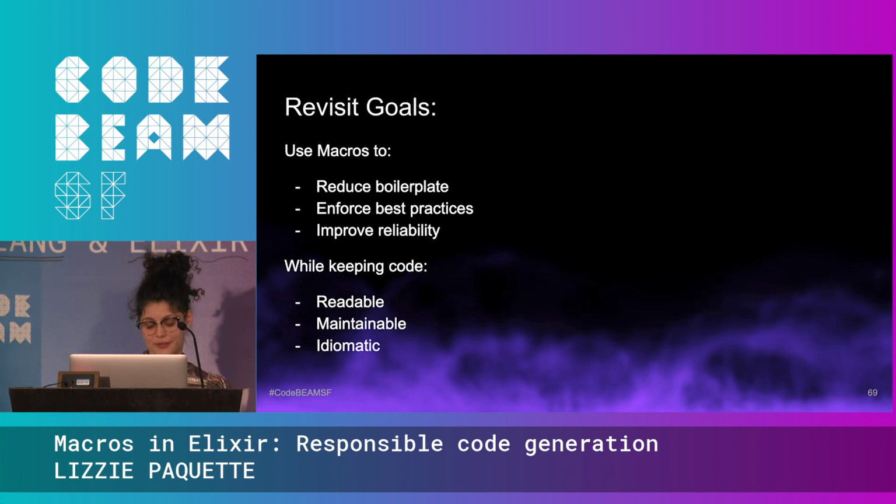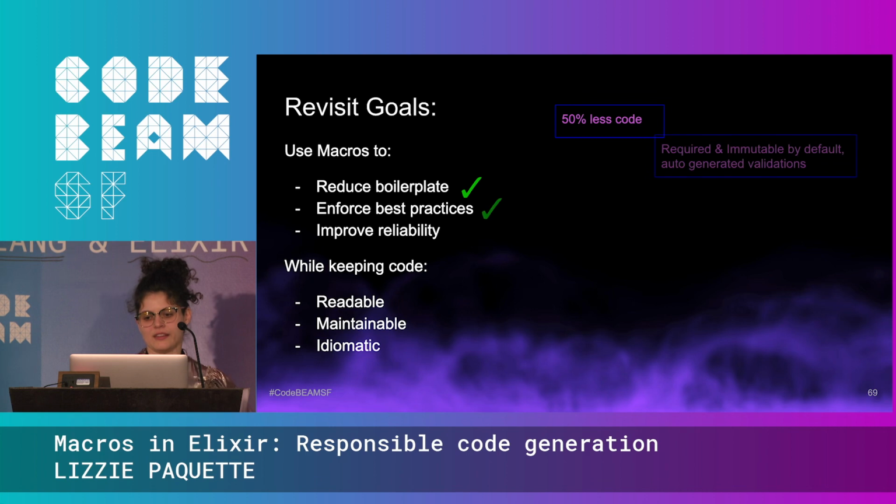So let's revisit our goals one more time. Did we reduce boilerplate? Well, I think we did. Defining structs and schemas takes 50% less code, and defining those macros also takes less code. Did we enforce best practices?